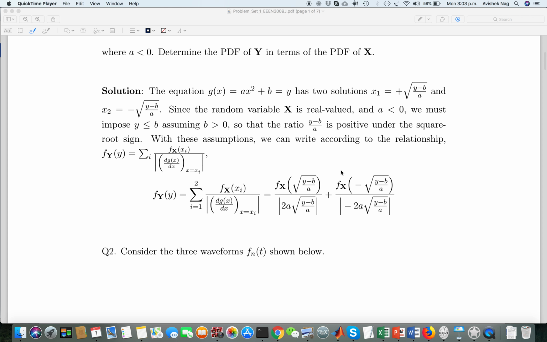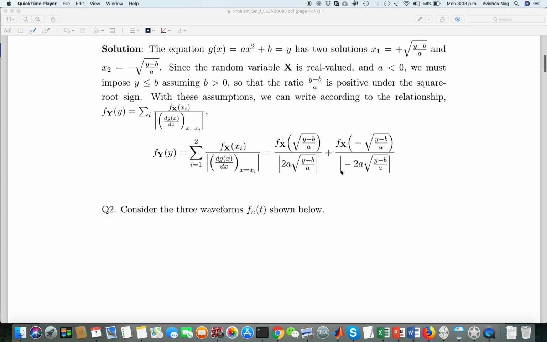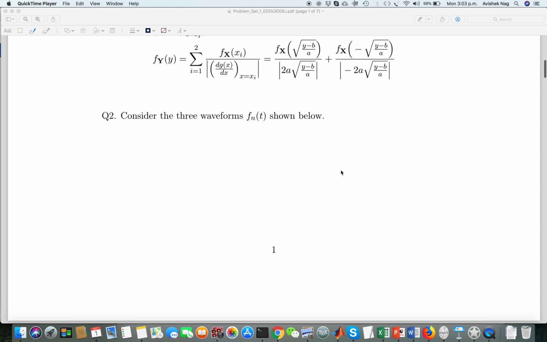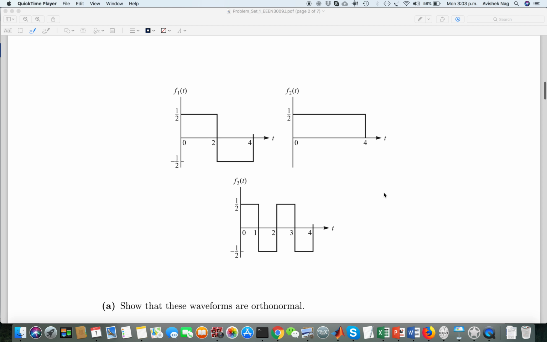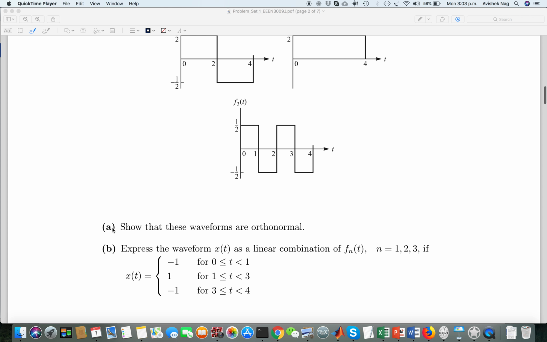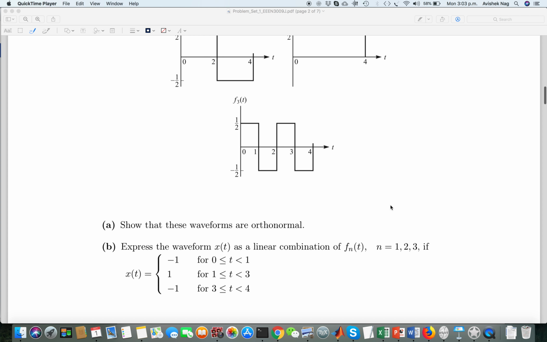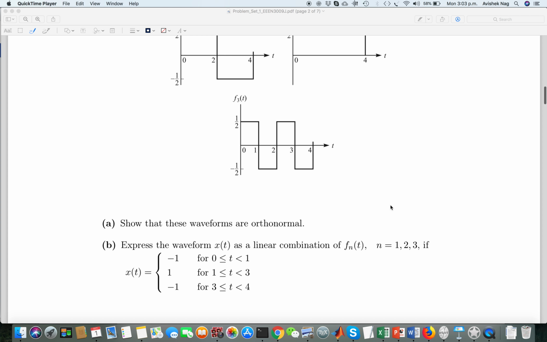Now let's move on to the next problem. In the next problem we had these three waveforms f1, f2, f3, and you were asked to show that these waveforms are orthonormal. Almost all of you got this part correct.